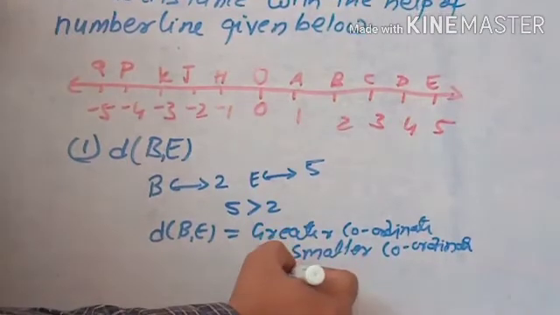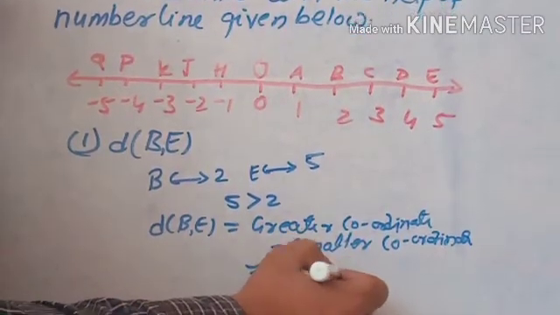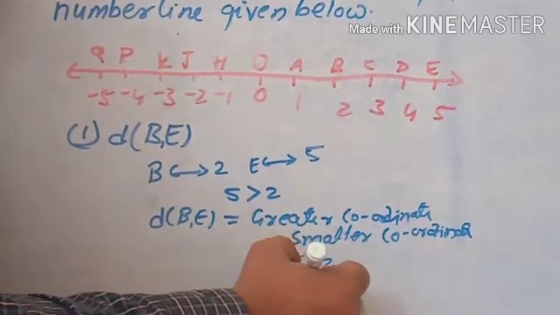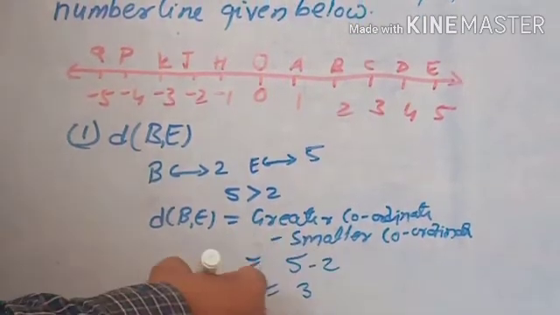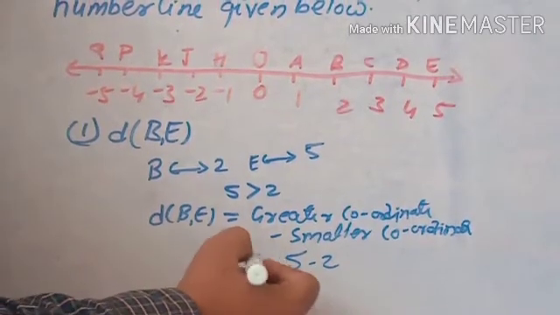The greater coordinate is 5, and the smaller coordinate is 2. 5 minus 2 is equal to 3. Therefore distance BE is equal to 3.